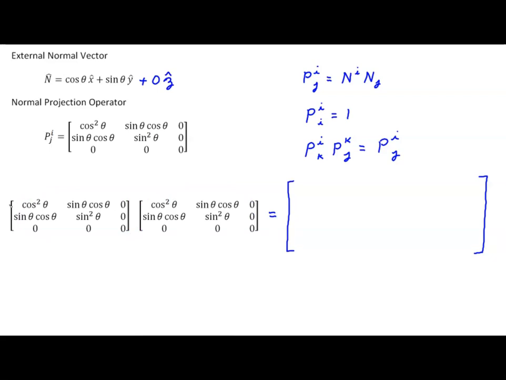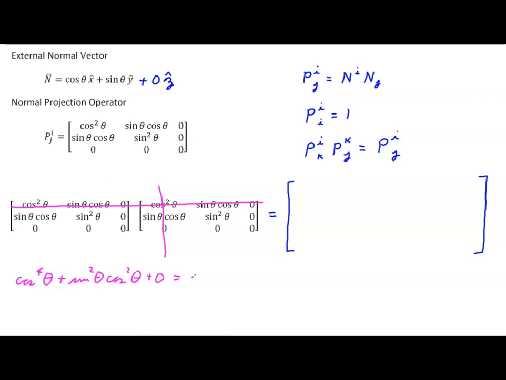Okay, remember how this works. We're going to use this row and this column to give us this entry in our result here. So we have cosine squared theta times cosine squared theta, which is cosine fourth theta. Then we multiply this item times this one, which is sine squared theta cosine squared theta. And then this element times this one, which of course is 0.